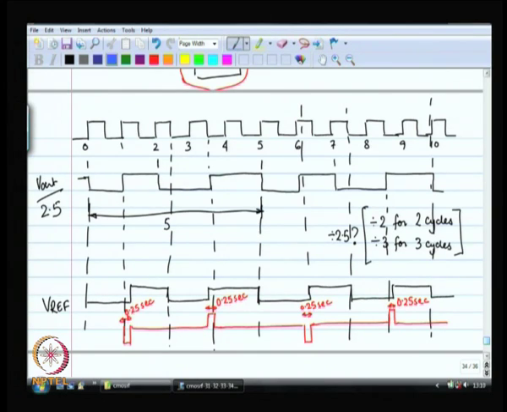What is the period? The period is the net period, which happens to be 5 seconds in our case. Five seconds means that we are really getting spurs at 1/5 of a hertz, 0.2 hertz, not 0.4 hertz.